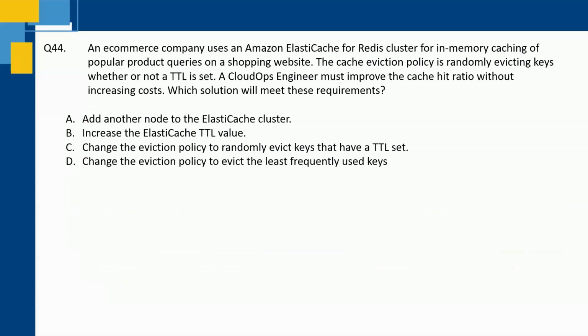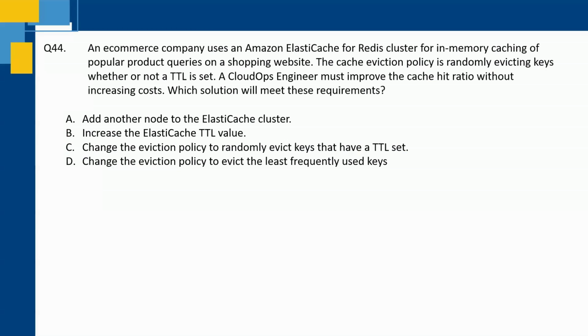An e-commerce company uses an Amazon ElastiCache for Redis cluster for in-memory caching of popular product queries on a shopping website. The cache eviction policy is randomly evicting keys whether or not a TTL is set. A CloudOps engineer must improve the cache hit ratio without increasing costs.